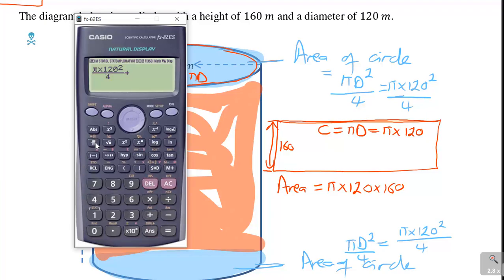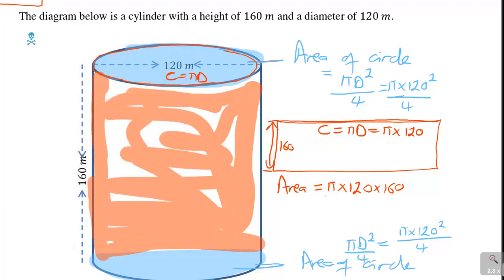The bottom one again, plus pi times 120 squared over 4, and then plus the area here, which is also pi times 120 times 160. So this is how you find the area, which is 26,400 pi.